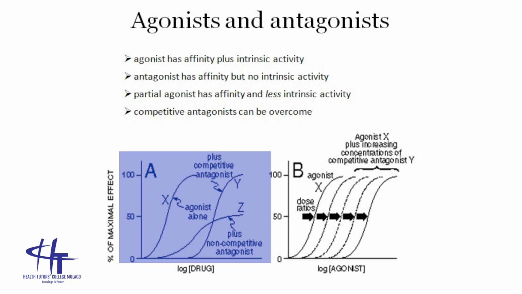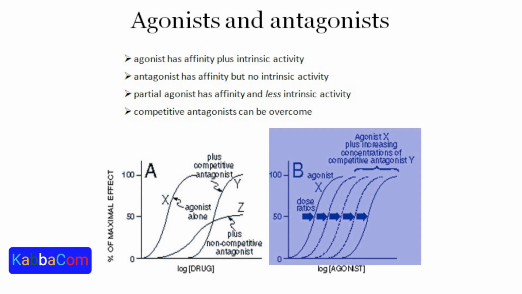And as you can see in graph B, with increasing amounts of the antagonist, if it is competitive in nature, we need to increase the concentration of the agonist to obtain the same response. So basically, that is it, that is what happens when we put an agonist and an antagonist in competition.